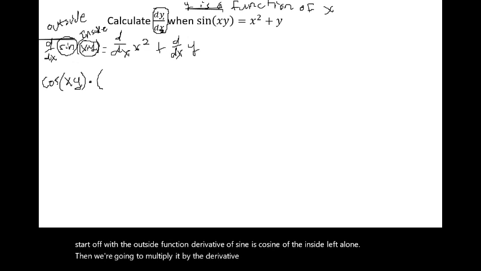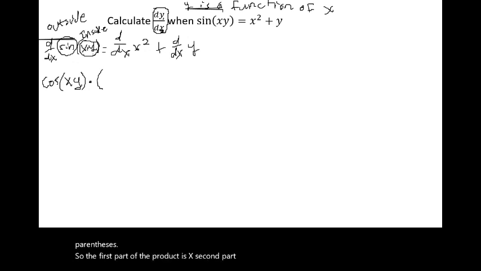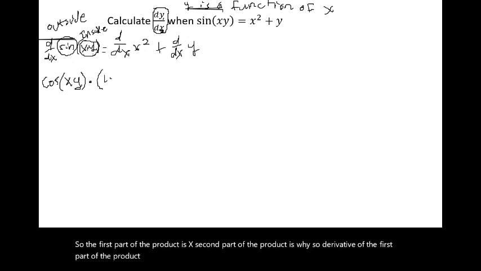And since the derivative of the inside is going to use product rule and involves more than one term, you do need to use parentheses. So the first part of the product is x, second part of the product is y. So derivative of the first part of the product is 1 times the second part of the product left alone, plus the first part of the product left alone, times derivative of the second part of the product.